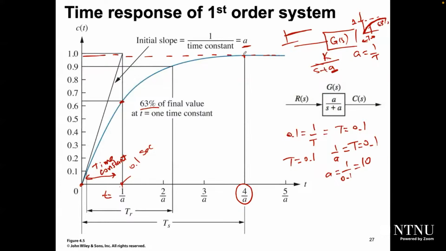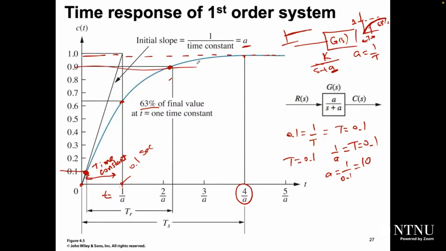We also have something called rise time. As you can see here, the rise time is the time required for the system to go from 10% to 90% of the final value. We call it the rise time. So if you need to calculate the rise time, it is the time required for the response to increase from 10%, this one, to 90% of the final value.